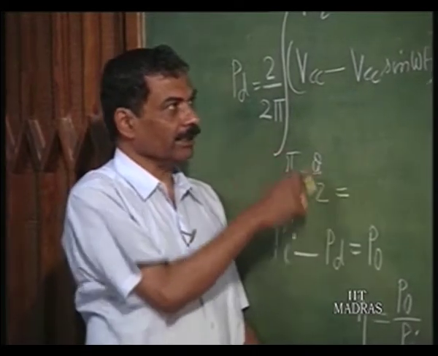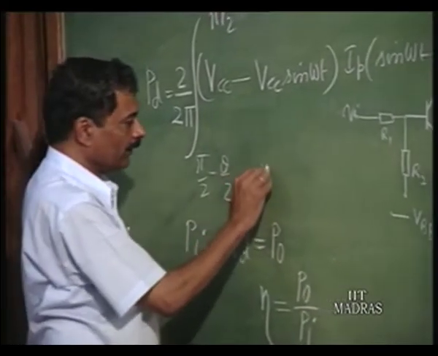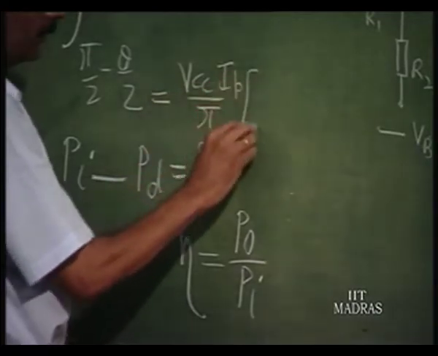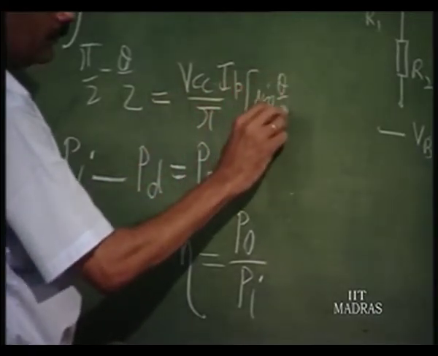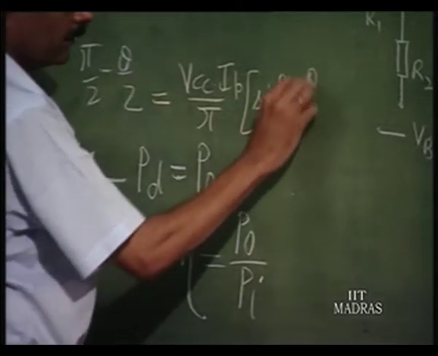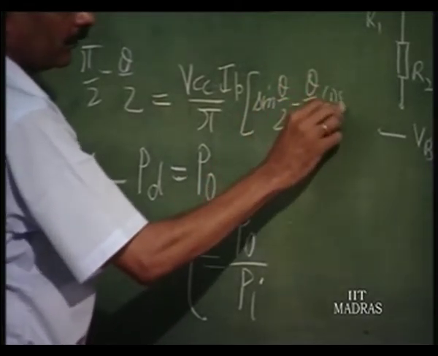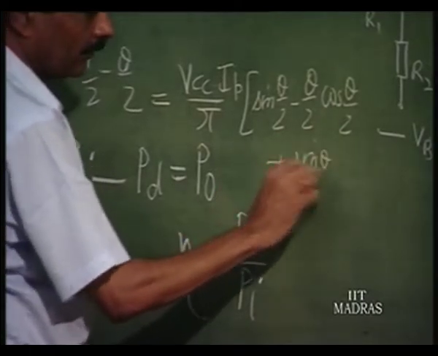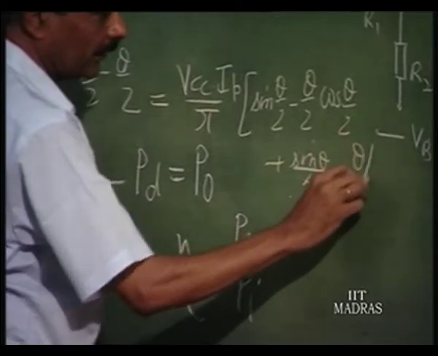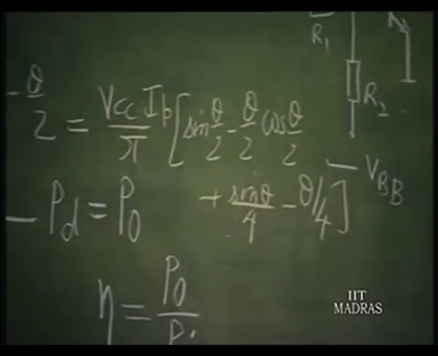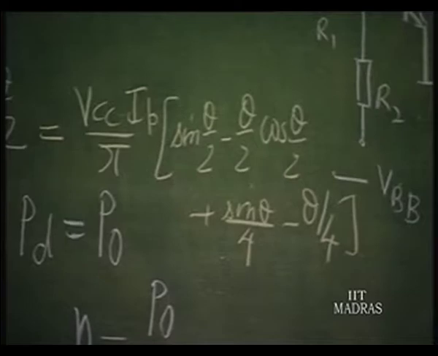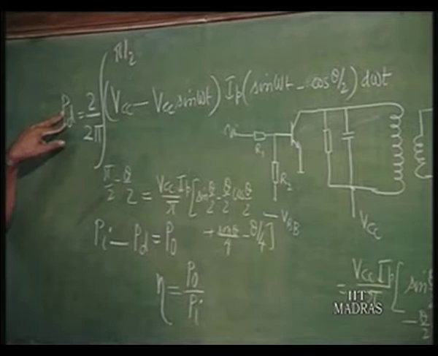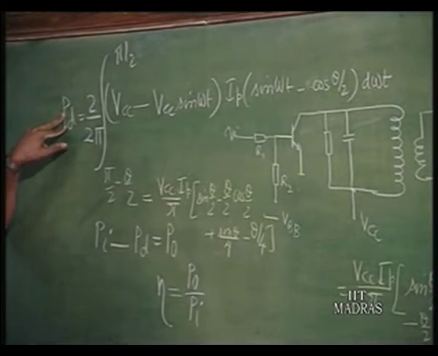If you work out this integral, it will come out to be VCC IP by pi into sin theta by 2 minus theta by 2 cos theta by 2 plus sin theta by 4 minus theta by 4. So, this is the power dissipated in the transistor, average power dissipated in the transistor.